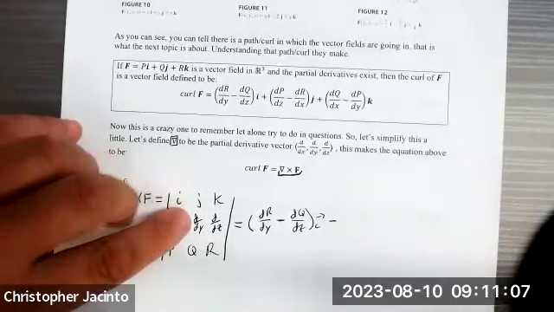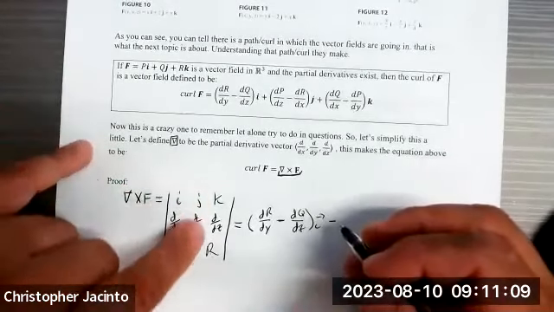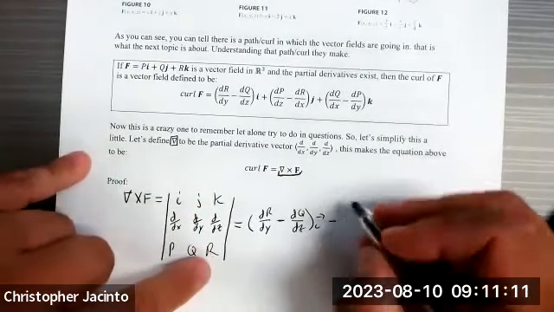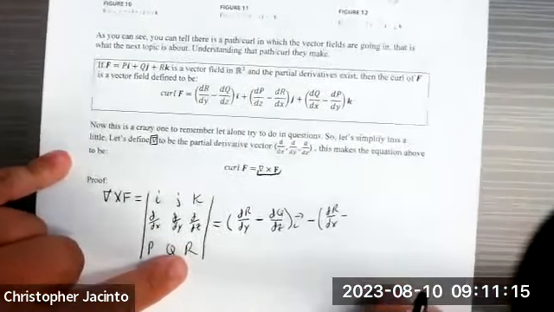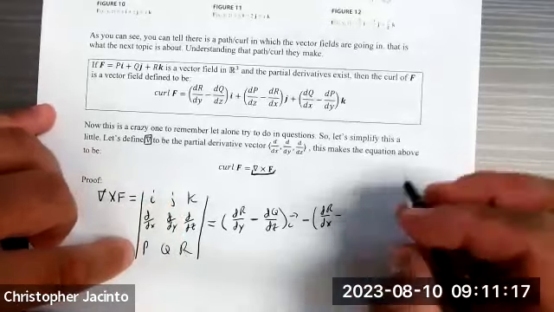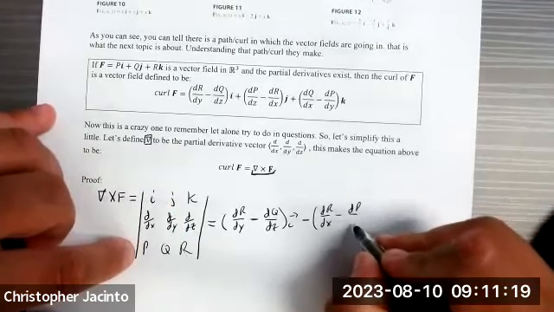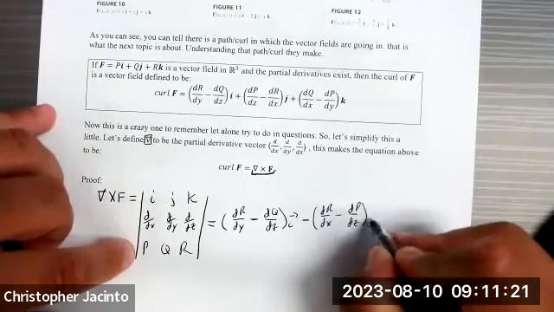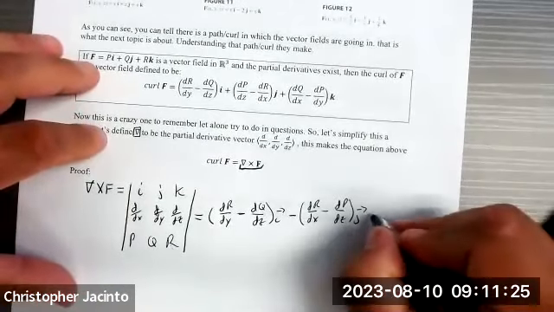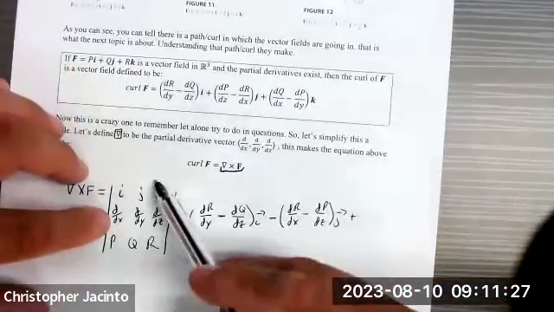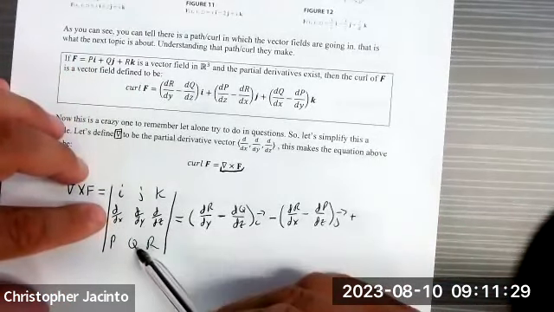Minus the same thing on the other side: for the j component, you cross out this one, so it's this times this, minus that times that. And finally, plus the k component: get rid of this column, that times that, minus that times that.